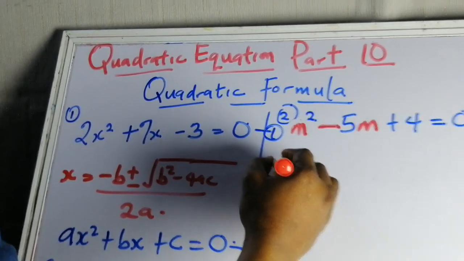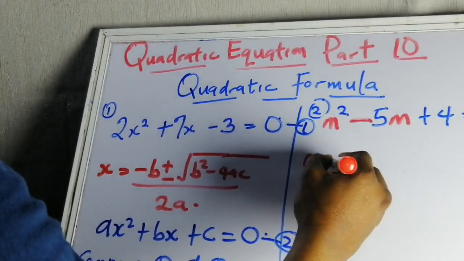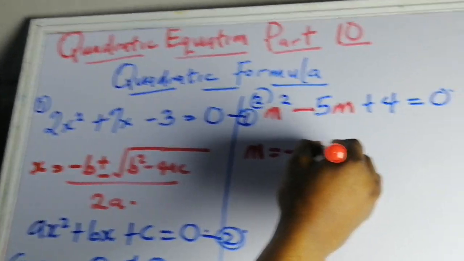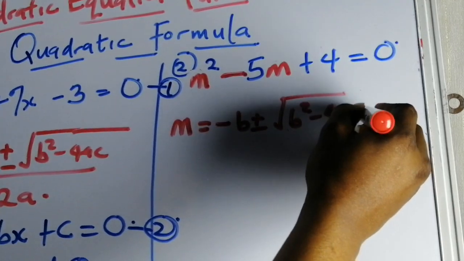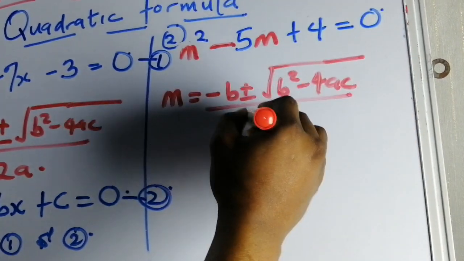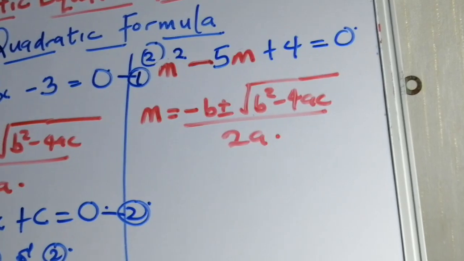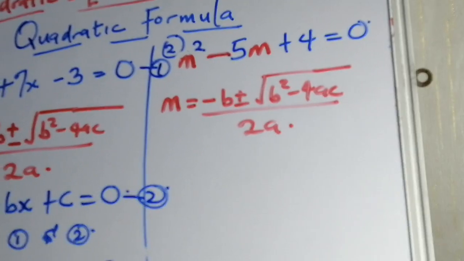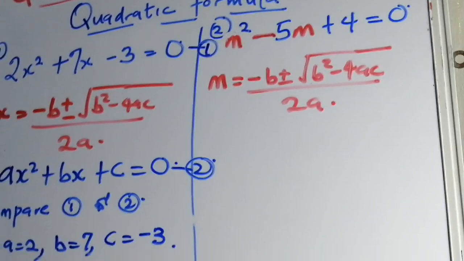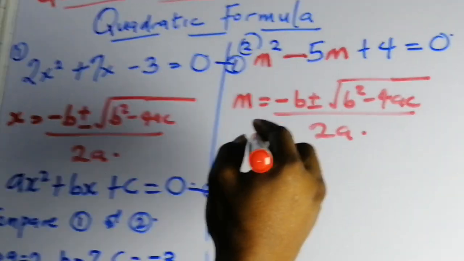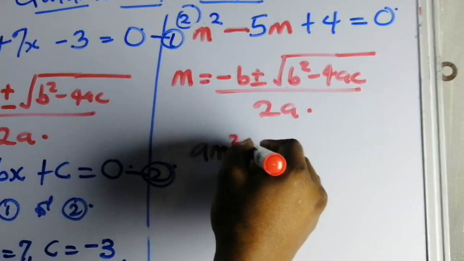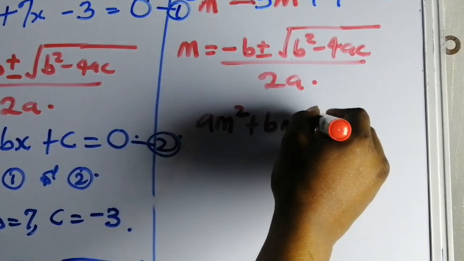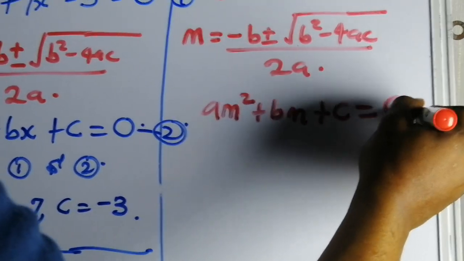So it means here, I'll now say my m equals minus b plus or minus square root of b square minus 4ac over 2a. Okay, which is the same thing. So in this case, I can now say that this will now be am square plus bm plus c equals 0.